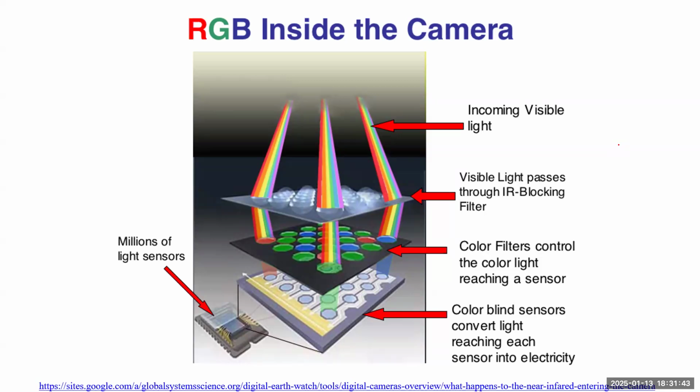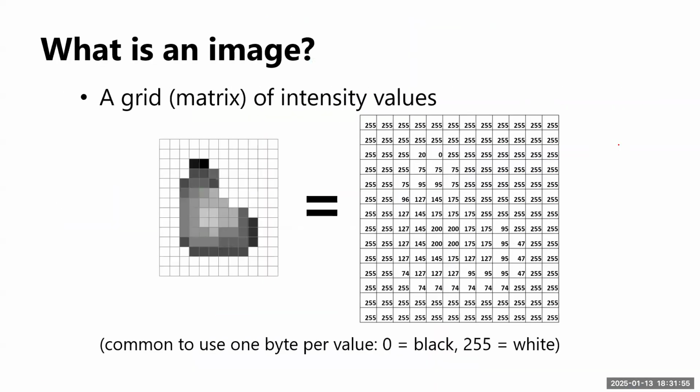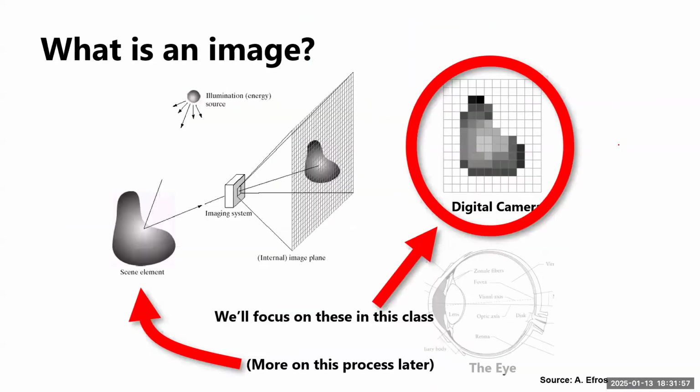So this is an array or matrix. Each one of them will produce a number. So the image at the end of the day will be transformed into an array of numbers.